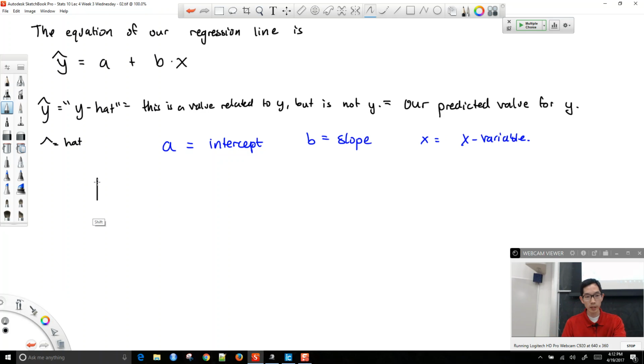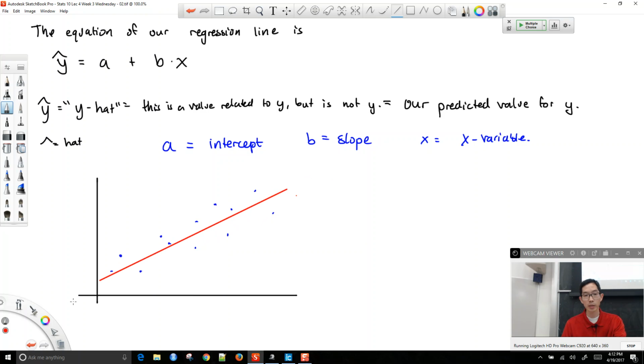And the idea here is you've got some data, and we want to create a relationship, an equation, the equation of a line that models this relationship.